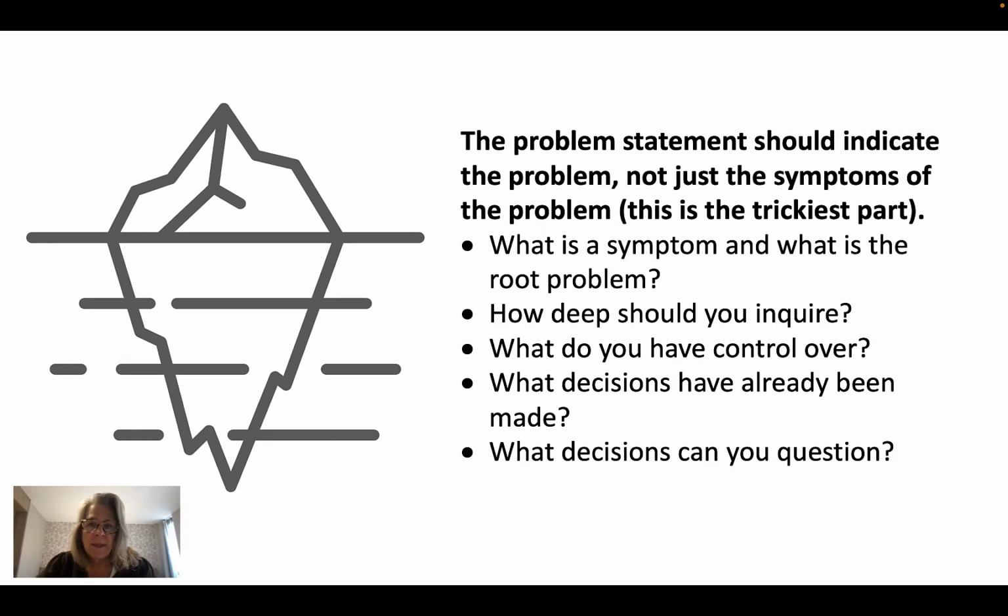Also, the problem statement should indicate the problem, not just the symptom of the problem. This is a really tricky part because the symptom is what we're looking at, but what is the root cause? And how deep should you inquire into this? For instance, if there's a high manual labor cost in a particular inspection situation, you might want to ask, well, why are we even inspecting?